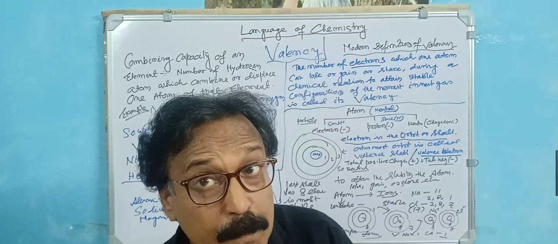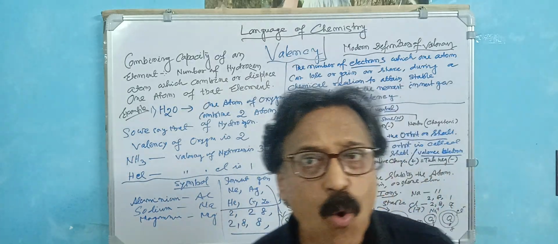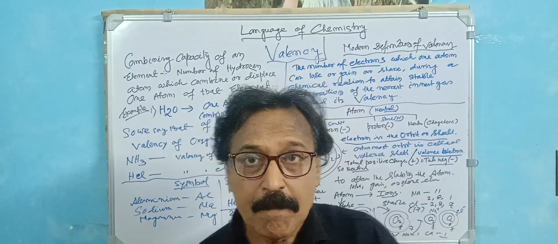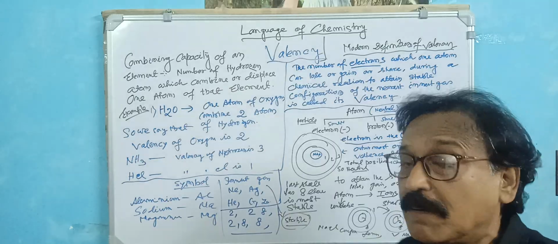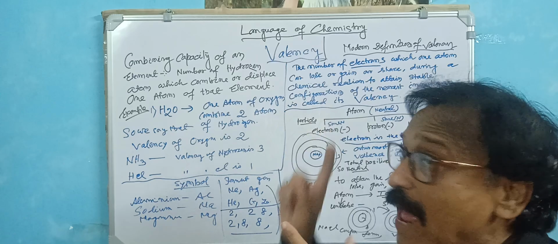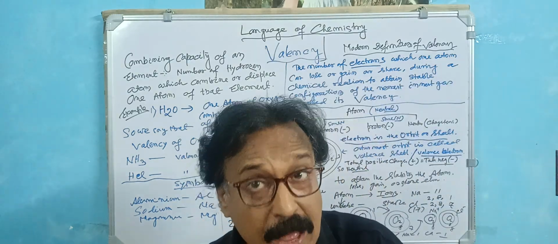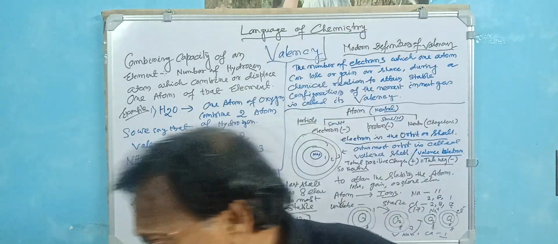That is very important. Sodium reacts with oxygen, but sodium cannot react with potassium. Why? Because the combining capacity of sodium and potassium is the same, because they always donate electrons. So the idea of valency, combining capacity and the number of electrons are involved.